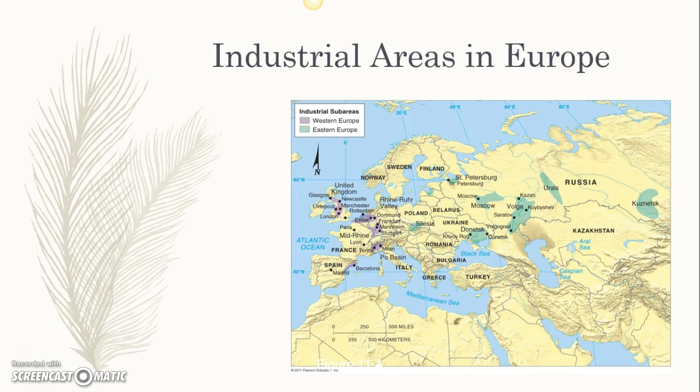So talk about our industrial areas in Western and Eastern Europe, and this is just a little bit closer of a map, right? Again, we see much of the modern United Kingdom, especially kind of the northwest portion of the island of England. And then some specific areas in Western Europe. So it's not all of Western Europe, but instead some specific areas in Germany, especially along the Franco-German border, right along the Italian border, or actually I guess it's the Italian border with France and Germany, maybe Switzerland, I forget, some specific areas in Spain, right?